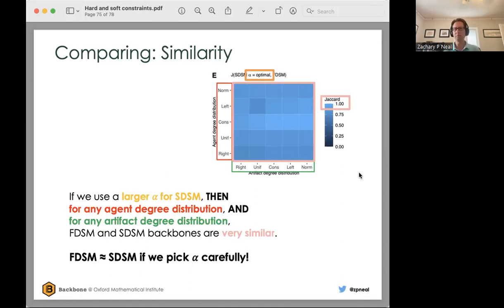They're not identical, but they're quite similar, Jaccard similarities of above 0.9. And so what this suggests is that FDSM and SDSM are nearly equivalent, provided we pick alpha carefully. So if we pick a more liberal value of alpha for SDSM, we can achieve a backbone that looks very similar to a more conservative FDSM.